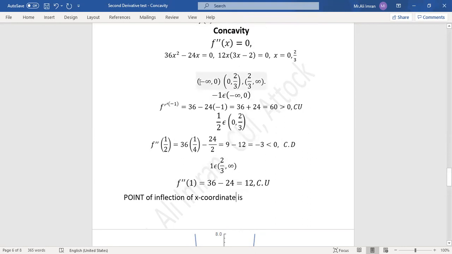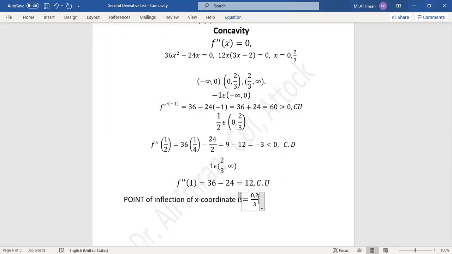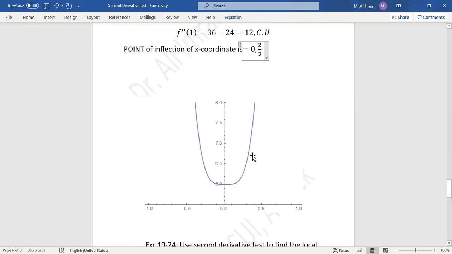If we see, in the first interval the function is concave upward, and in the second interval the function graph is concave downward, which means that 0 is a point of inflection. Also, in the second interval, the graph of the function is concave downward, and in the third interval the function graph is concave upward. It means that 2 by 3 is also a point of inflection. At last, the graph of this function is like that.